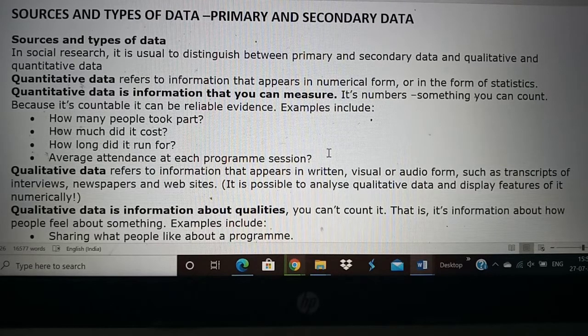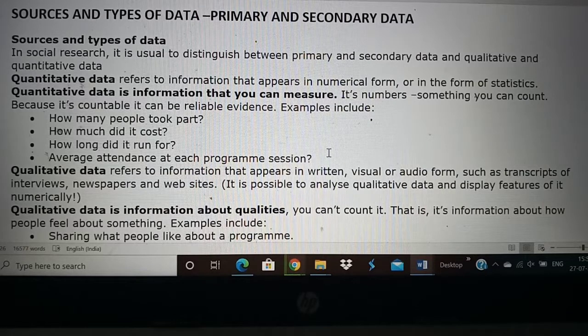If you go to a patient and get information about their lifestyle, they will tell you something which is not a number. They will say, I eat in the morning, I eat in the afternoon, I eat in the night, and then what food they eat. So this is not in numbers. The food that a person eats, rice, chapati, or vegetable, how much vegetable they eat, all this information is qualitative data. It is in the form of visual, audio, or written form.